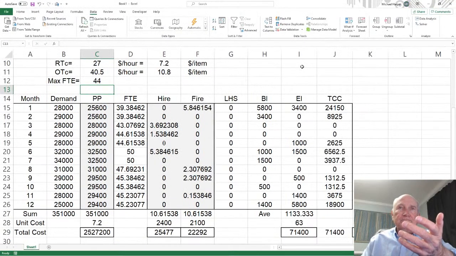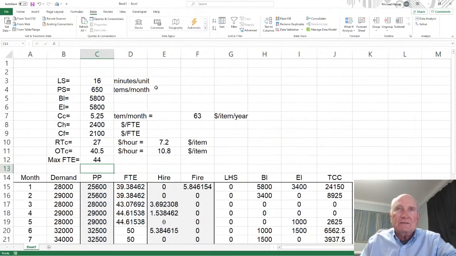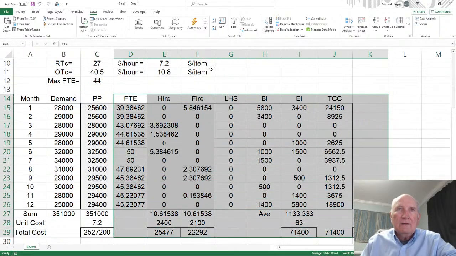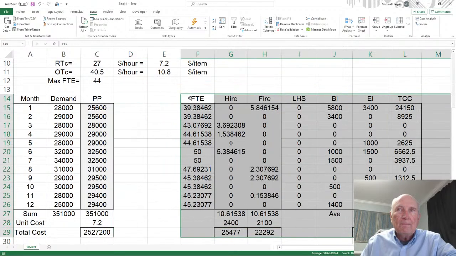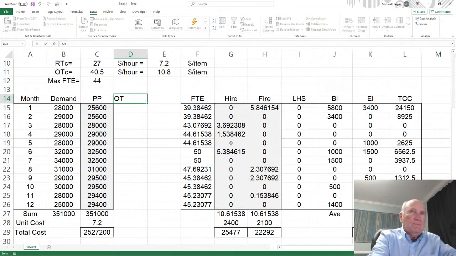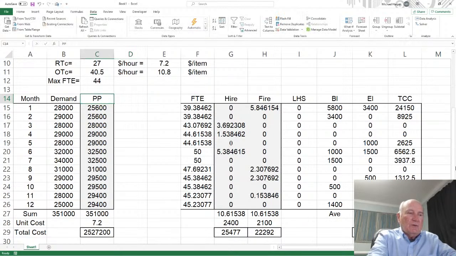Then we have overtime. Okay, where should we put the overtime? I don't want to mess these things up here. So let's take this right here and let's move this over 1, 2. And so this is my overtime. Actually, we want our regular time. This is going to be our regular time production plan.